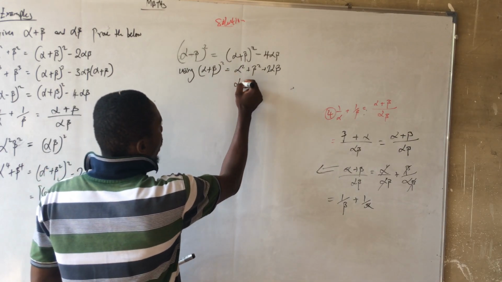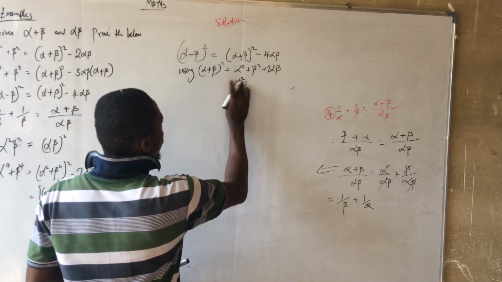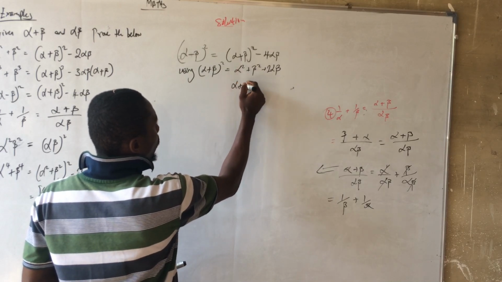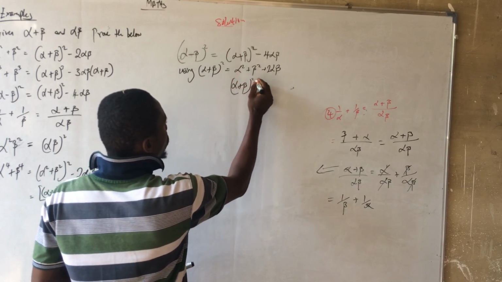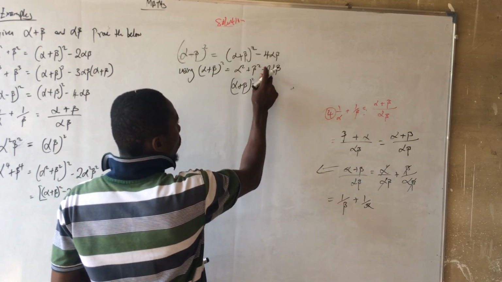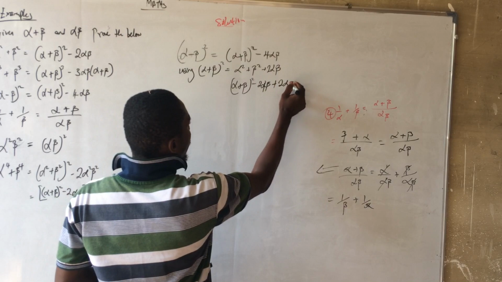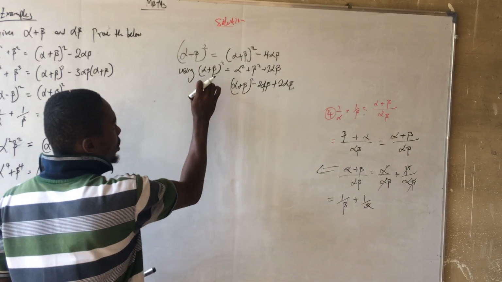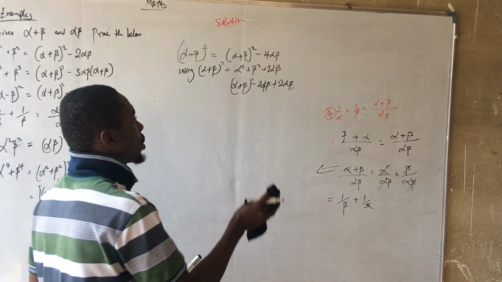Like if you say that alpha squared plus beta squared is equal to alpha plus beta all squared minus 2 alpha beta, now when you add this plus 2 alpha beta again, you are going to go back to this. But that is not what we want.